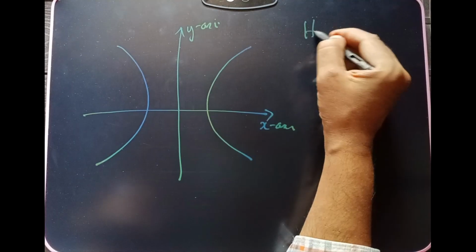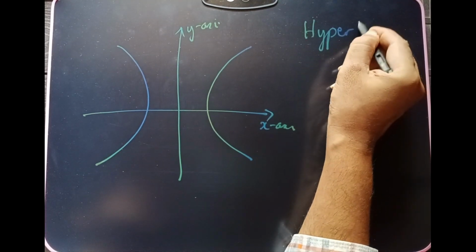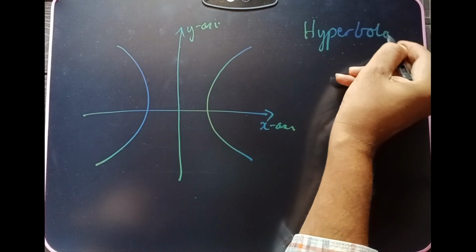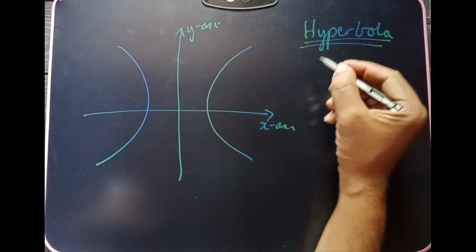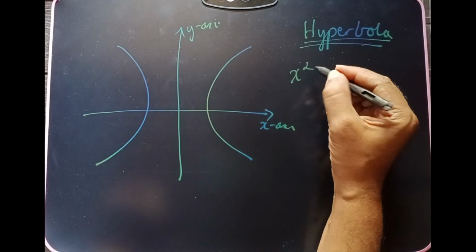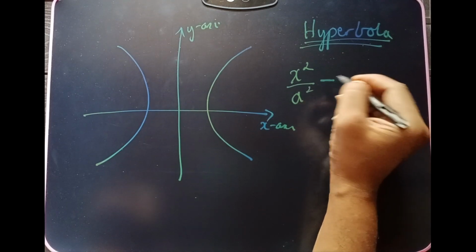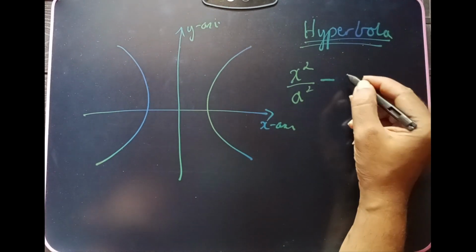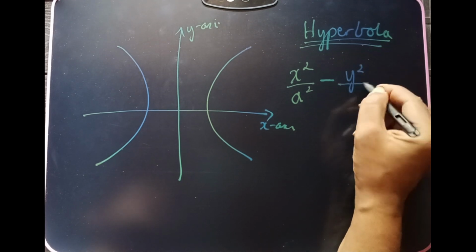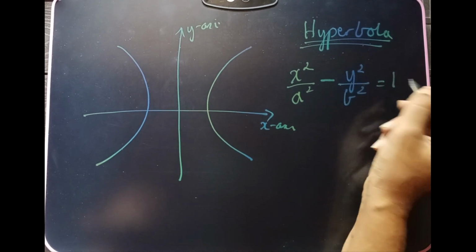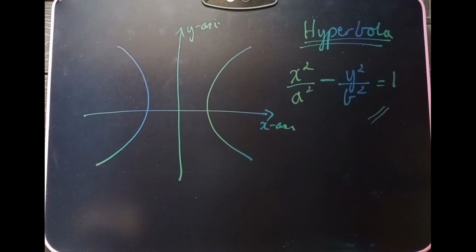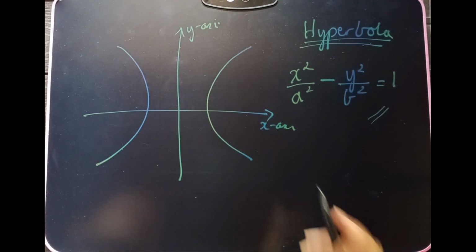It is represented by x square by a square minus y square divided by b square is equal to 1. This is the hyperbola representation using the equation.